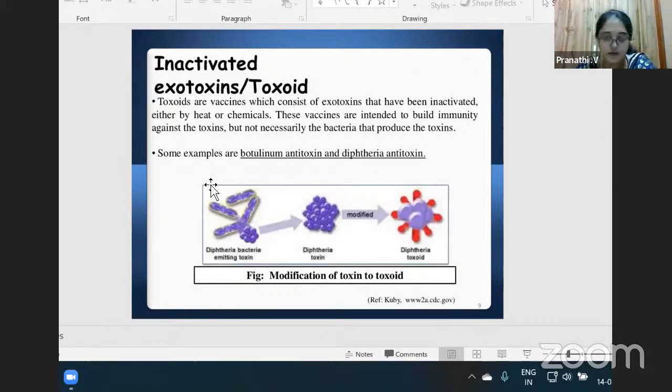In the case of subunit or conjugated vaccines, only pieces of that particular pathogen are used, just enough for the target pathogen to invoke an immune system response. We do not want more than that. Examples are the pertussis vaccine and influenza vaccine.